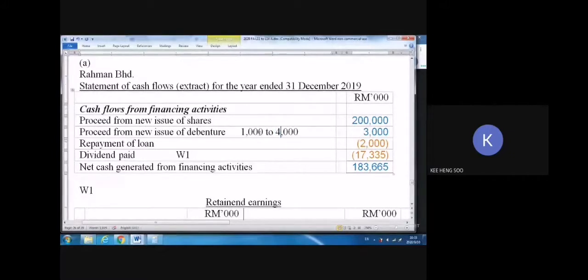This one from 600,000 to 800,000. So that's why you know that there's an increase.